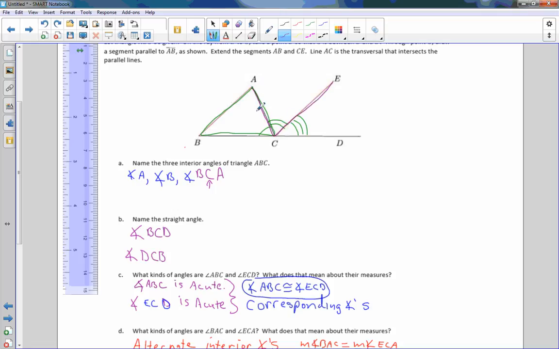Since this angle here and this angle here are alternate interior angles, if I do a 180-degree rotation about the midpoint of AC, then this angle will land right there. So this angle is congruent to that angle.